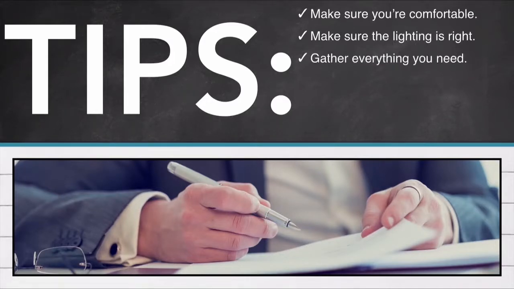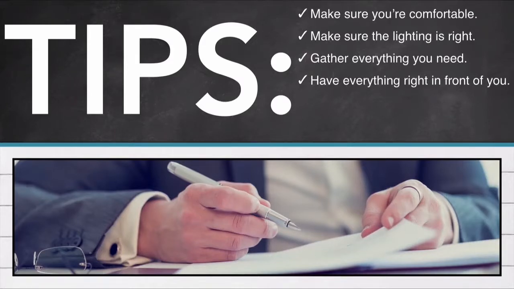Make sure that everything that you need, so if you need any backup documentation, if there are reference materials that you need, if you have any sort of supporting documents that you might need in the proofreading process, you want to make sure that you have those at hand. You want to make sure that you have those right in front of you so that you're not having to get up, find what you need, get back into your rhythm of proofreading.